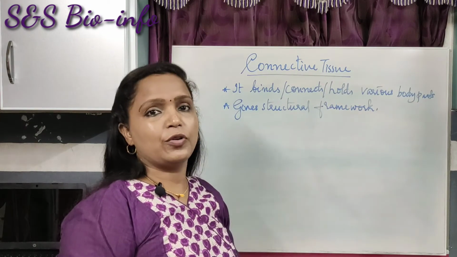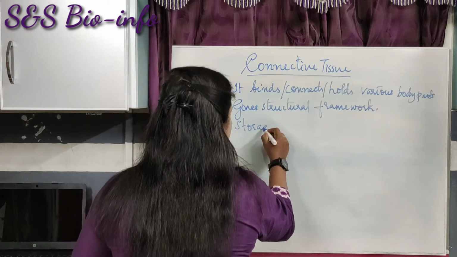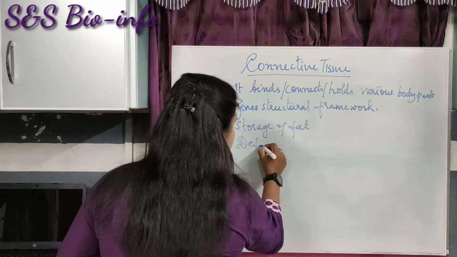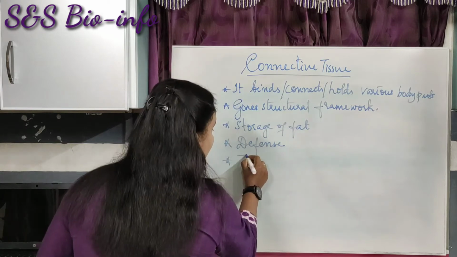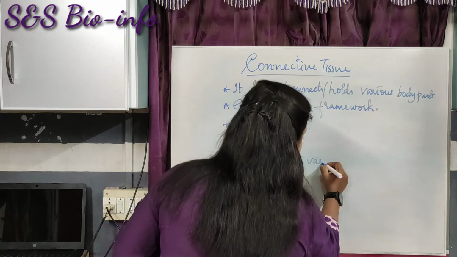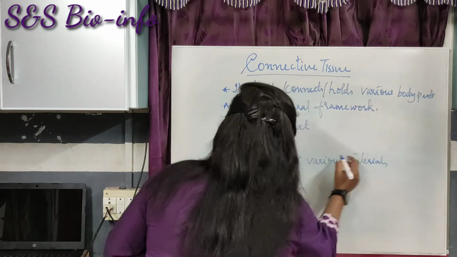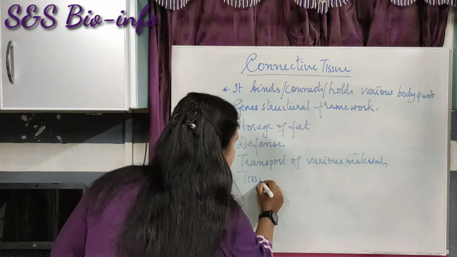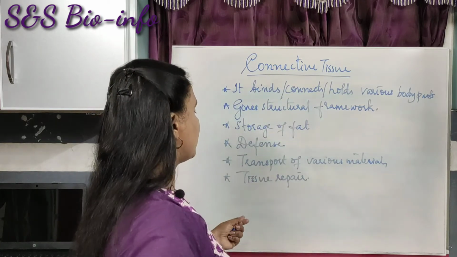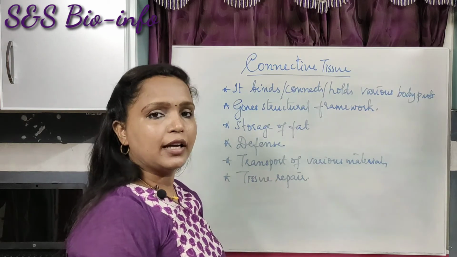It performs a lot of functions like storage of fat, then defense, then transport of various materials, then tissue repair, etc. Tissue repair means when the tissues are damaged, the new cells or tissues are formed with the help of certain kind of connective tissue.